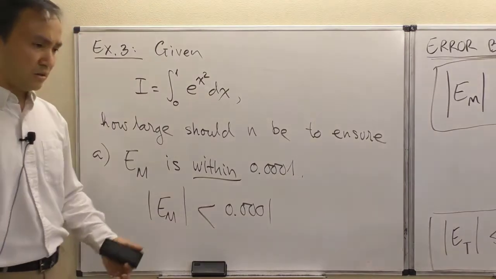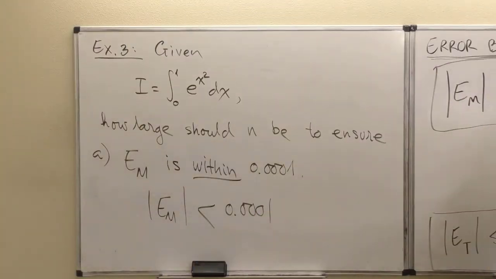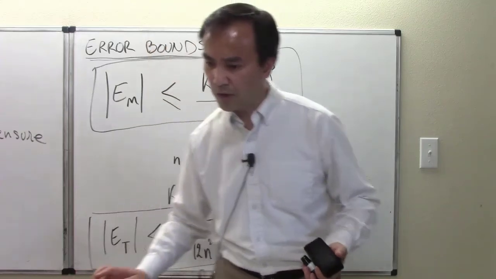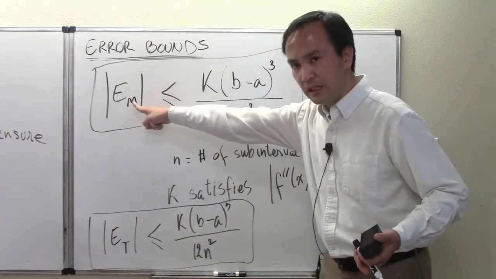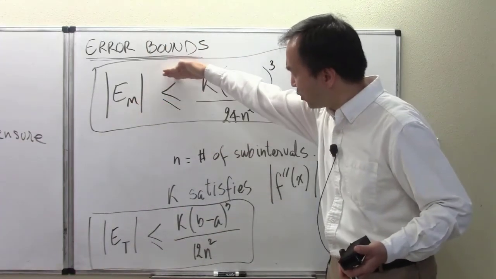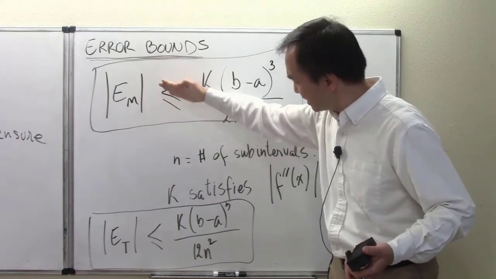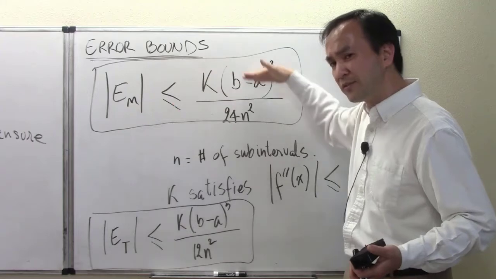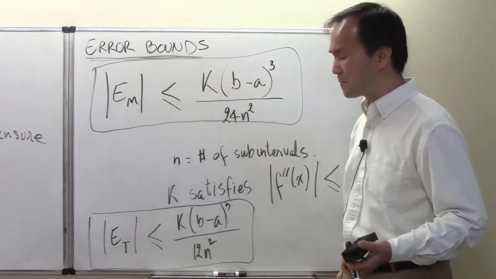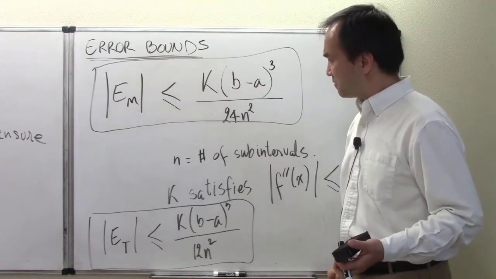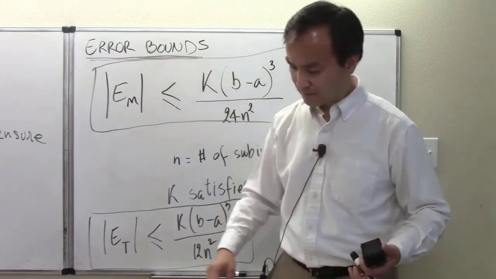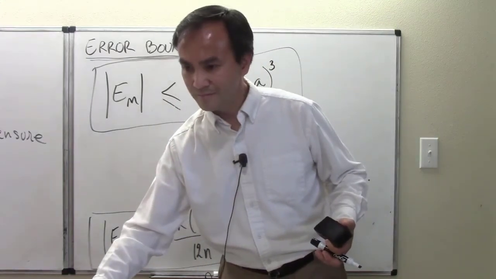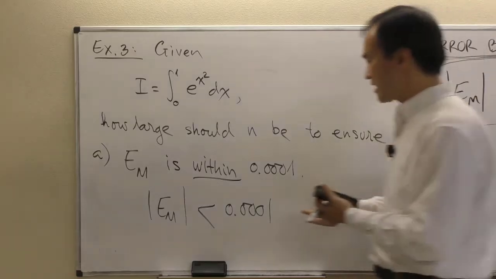And now, in the meanwhile, it was already proven on the other board that EM in absolute value can be less than or equal to, so EM in absolute value can be equal up to this value. Here's how I'm seeing it, back in the problem itself.